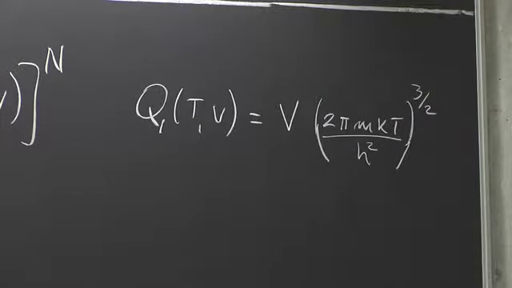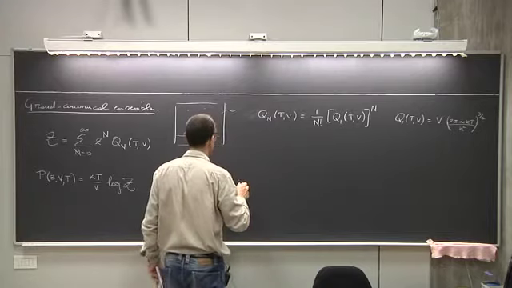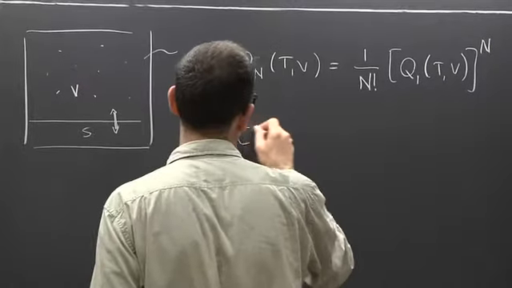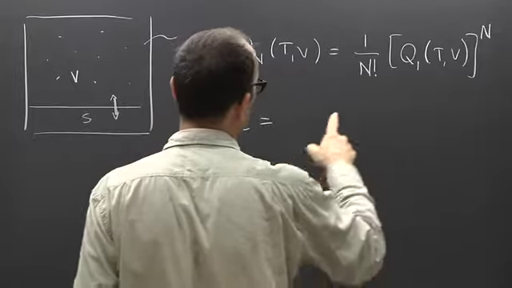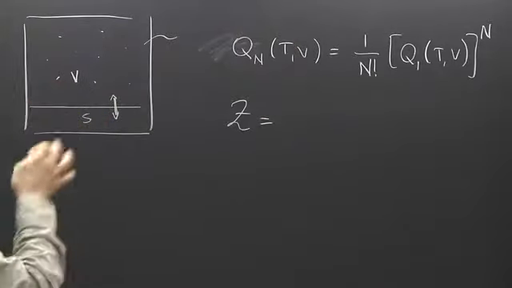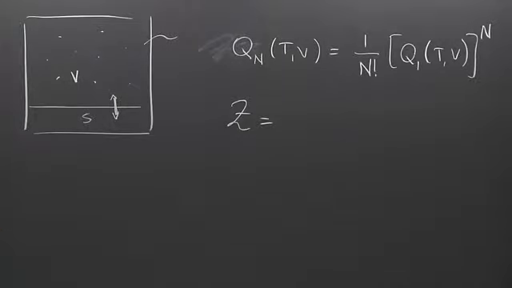Then the grand canonical partition function for the vapor follows. The 1 over n factorial is there because particles are indistinguishable, so any different configuration where I interchange particles should be counted as one configuration.